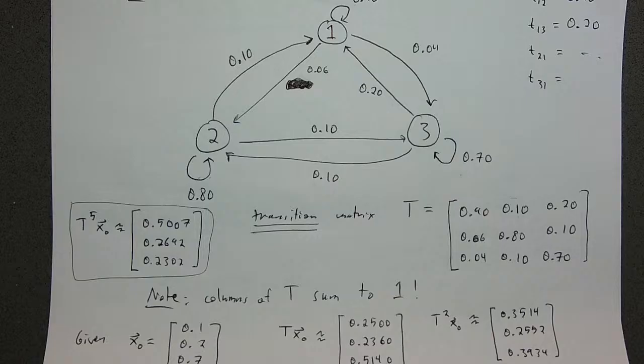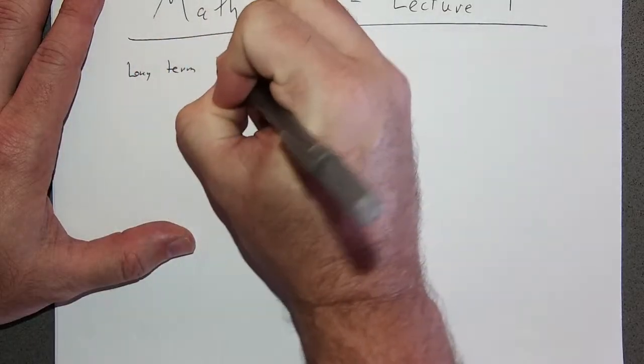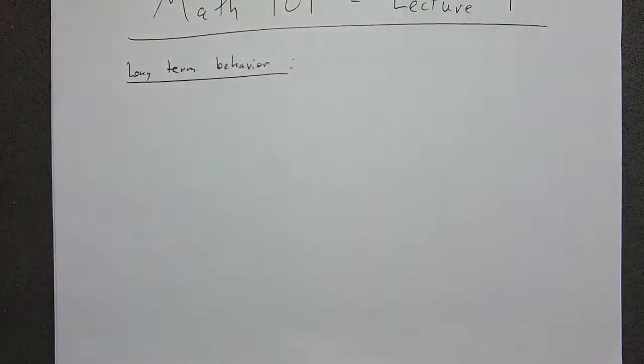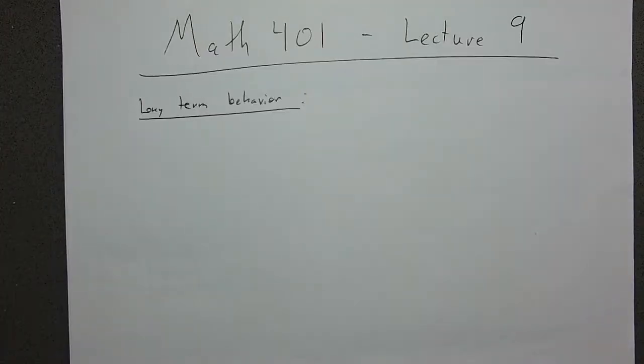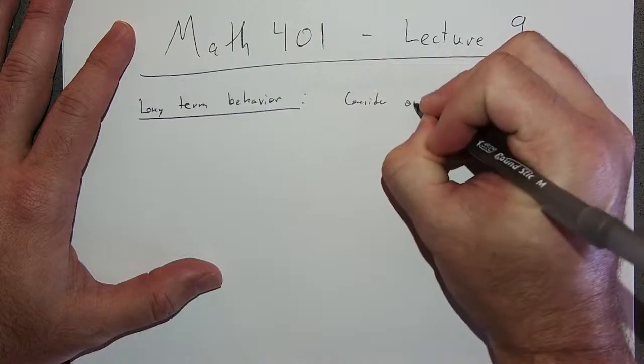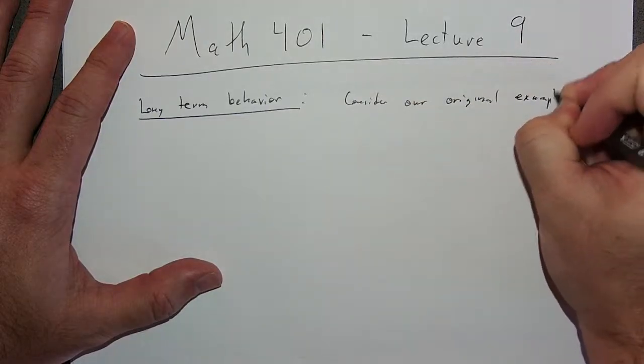Okay, so, natural question: long-term behavior. Now, let's go back to our original example, which was a 2x2 transition matrix.